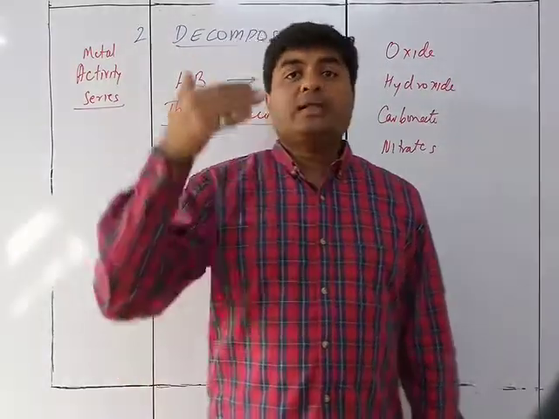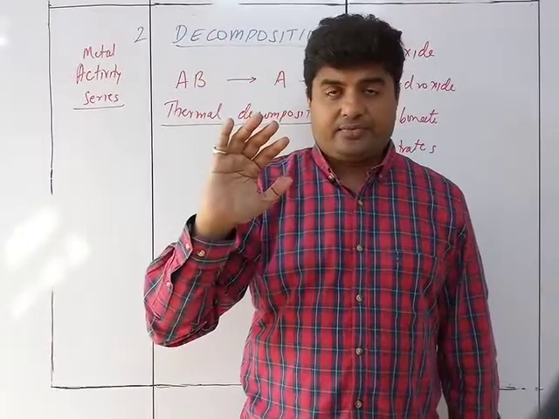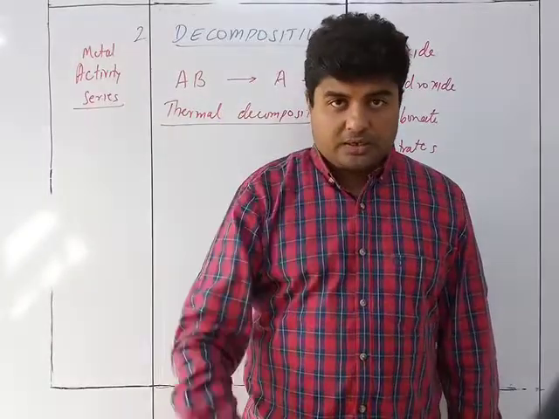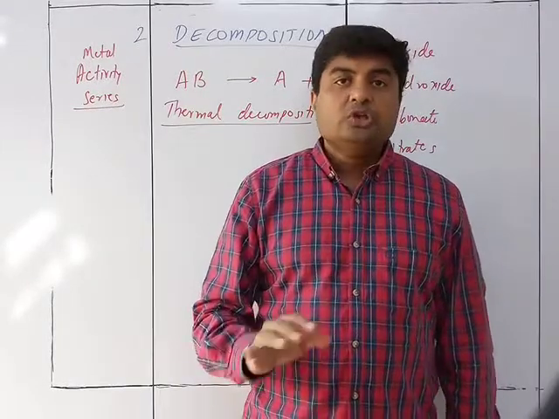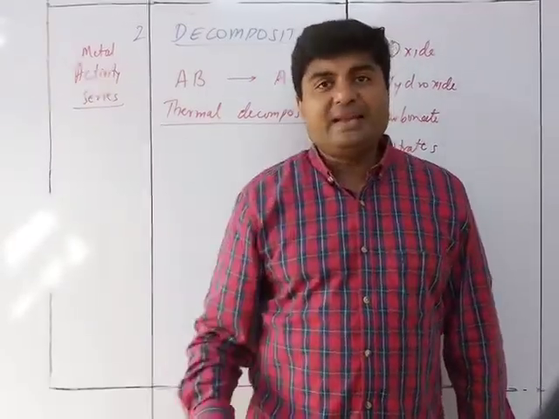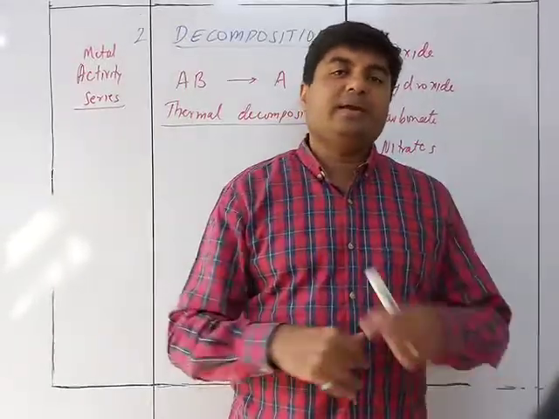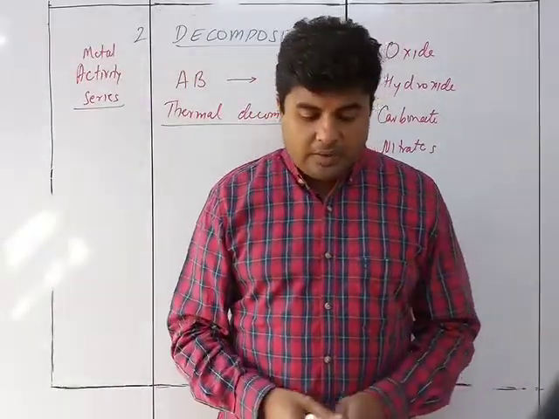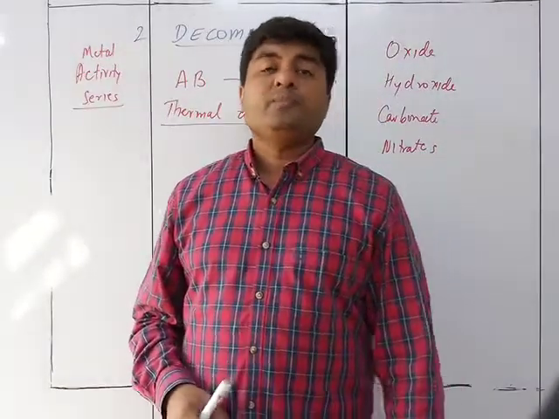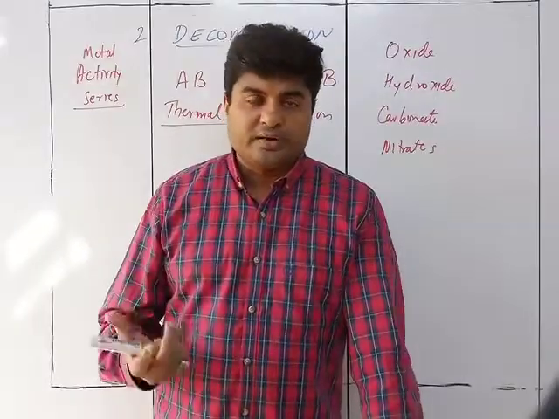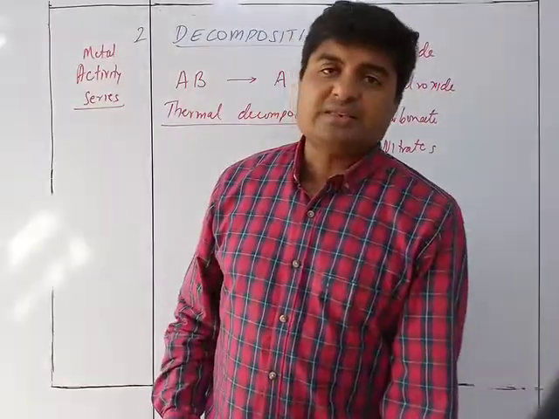That means the one at the top is highly reactive. The one at the bottom is less reactive or very less reactive. Of course, the list is not complete, we have all the metals, but these are the very commonly used elements.